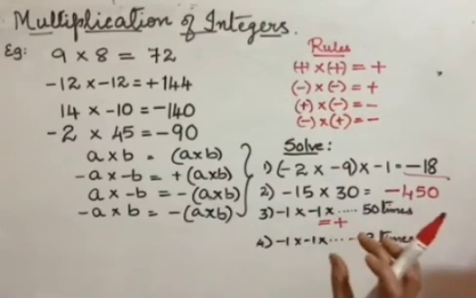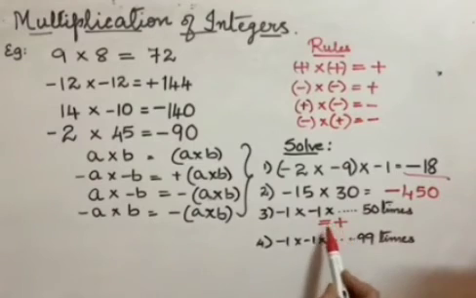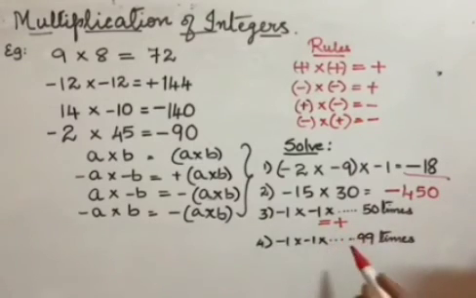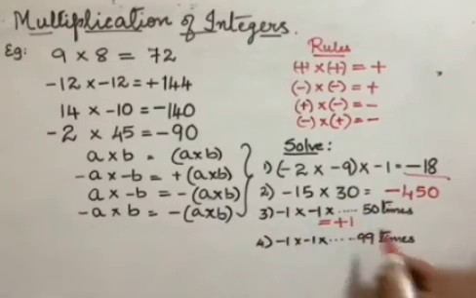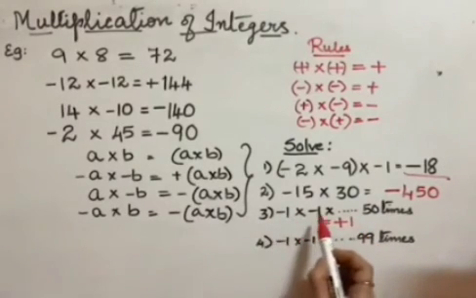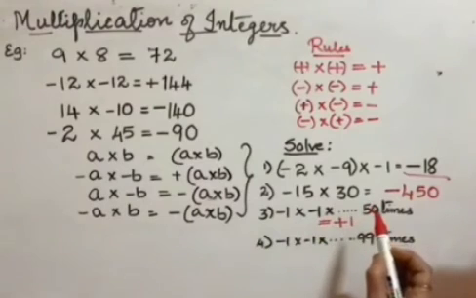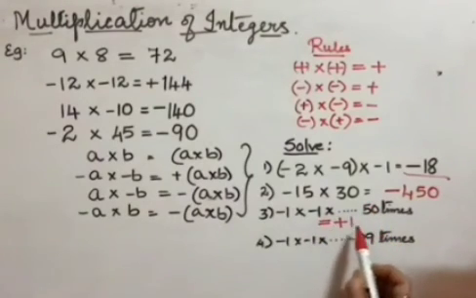So when even negatives are there, your final sign will be positive. And what do you think the answer is? Is it 50? Many would have written 50 by now, I'm sure. No? Okay. It is 1. Is it not? 1 into 1, 1. So the result is 1.